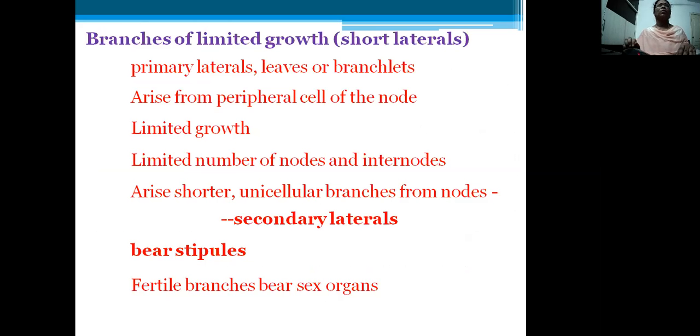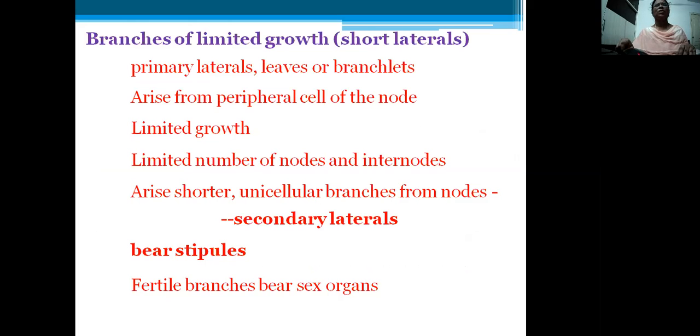These branches of limited growth are primary laterals, also called leaves or branchlets. They arise from peripheral cells of the node. They show limited growth, so they have a limited number of nodes and internodes. They are short and unicellular branches.